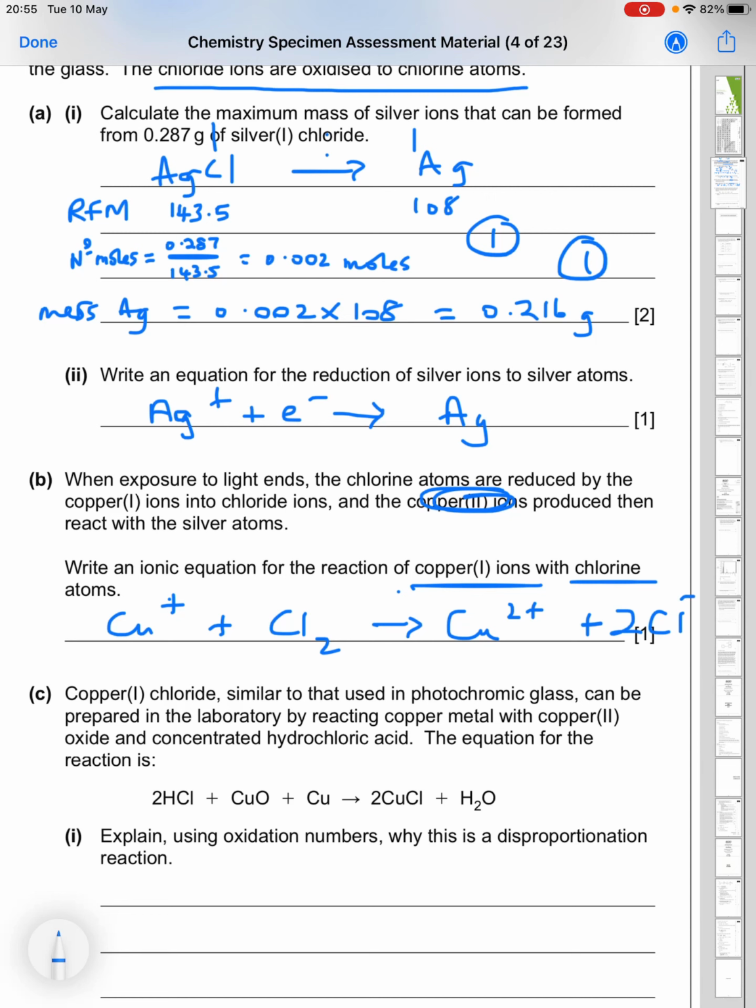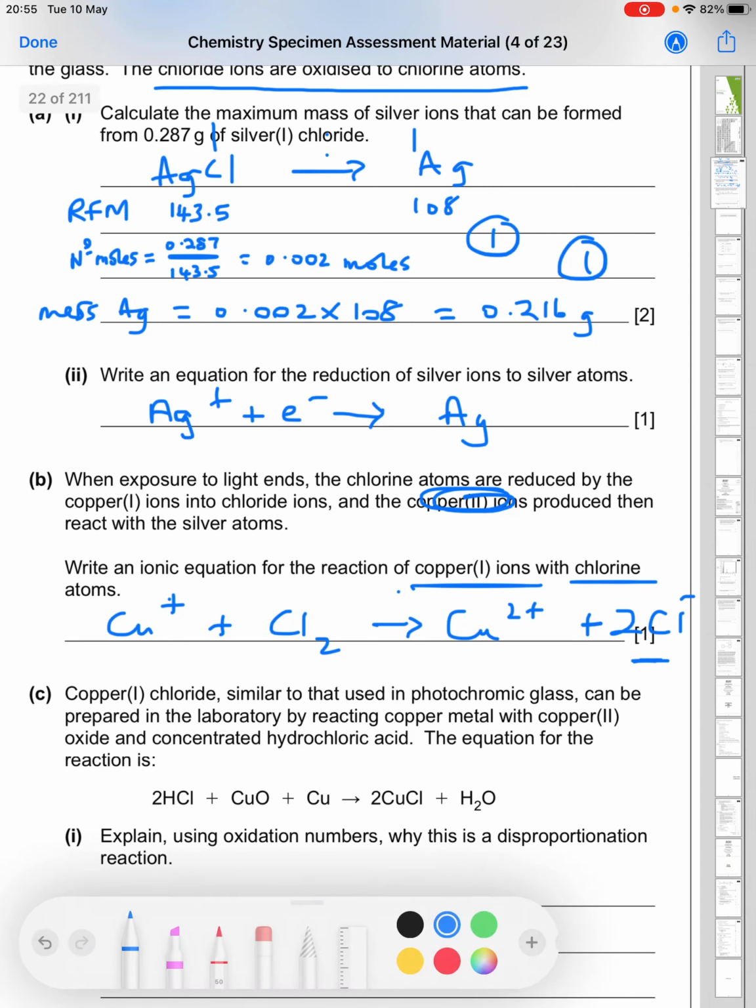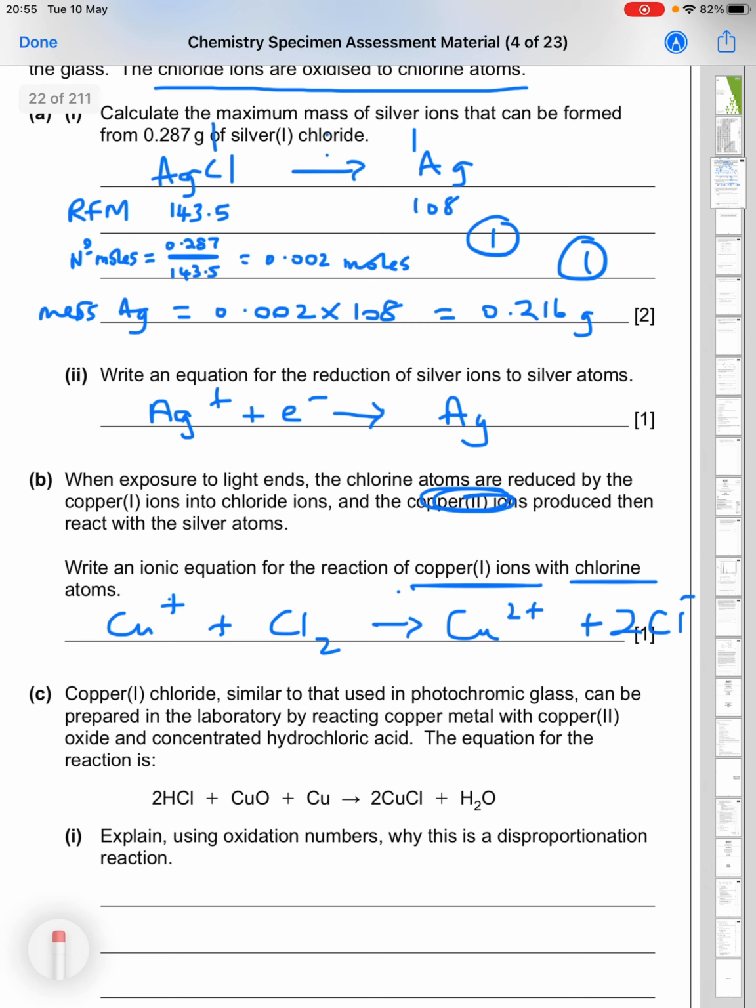And need to balance that up. So we need 2. No, we're okay. Yeah, we've got 2 from the chloride minus 2 and plus 2.